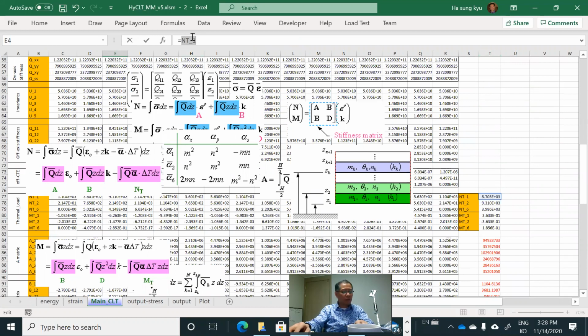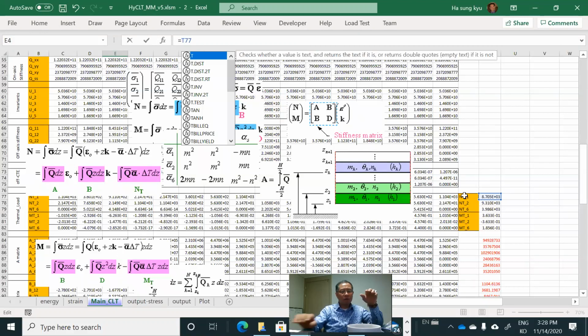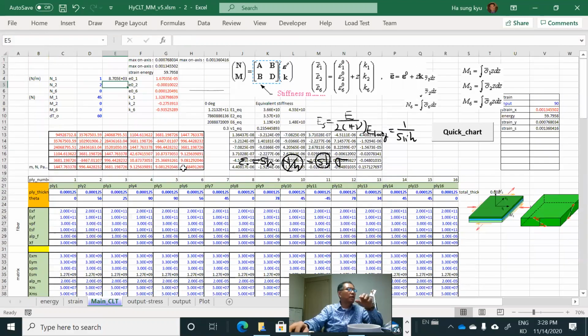So I'm going to just enter T77 as that one, and then copy that one and paste it here.